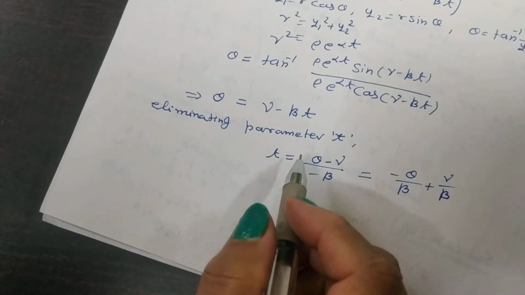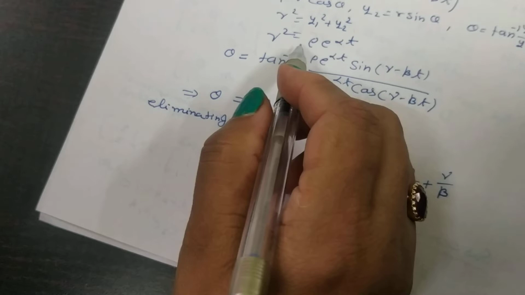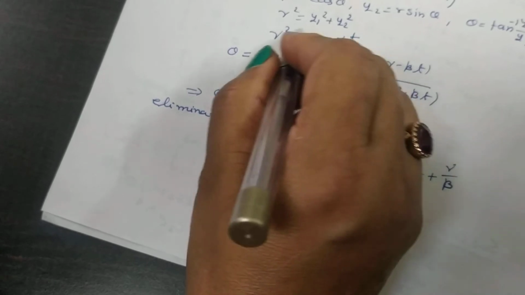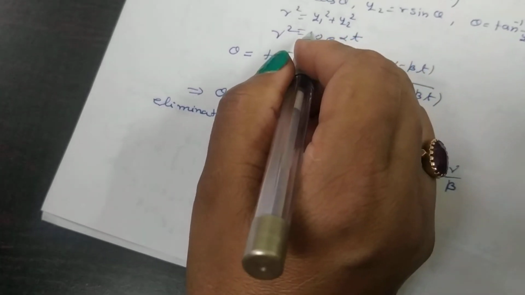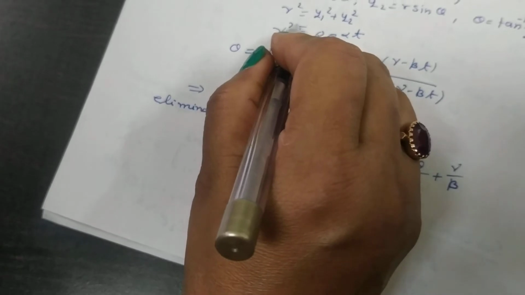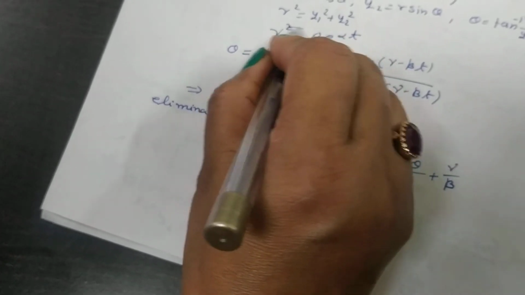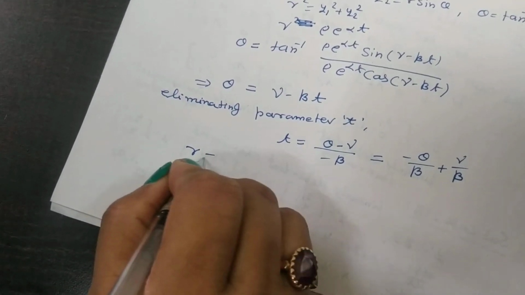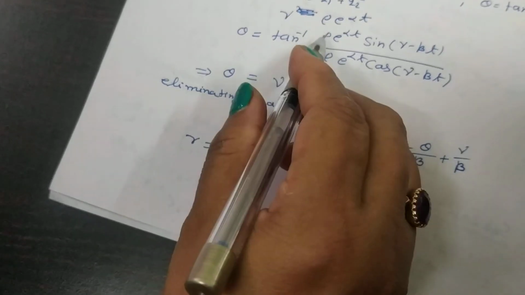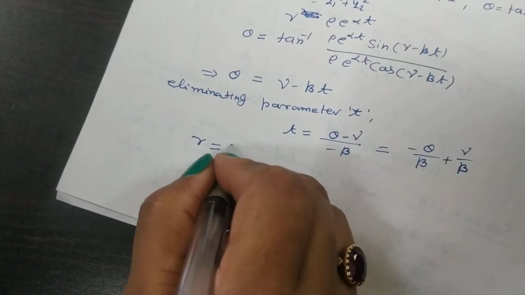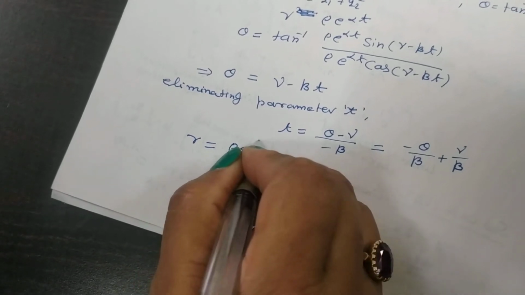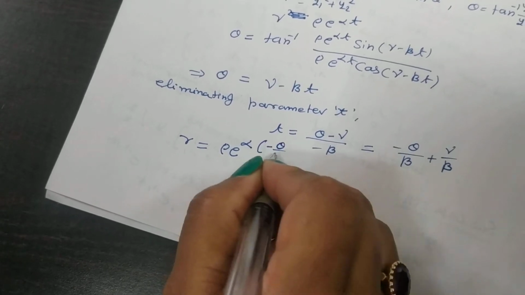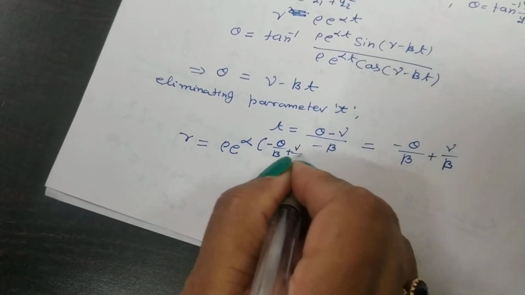Now substituting here, as r is equal to rho e to the power alpha t, so r is the square root of this. What is r? You get r equal to rho e to the power alpha t, that is rho e to the power alpha times t, where t is equal to minus theta by beta plus gamma by beta.